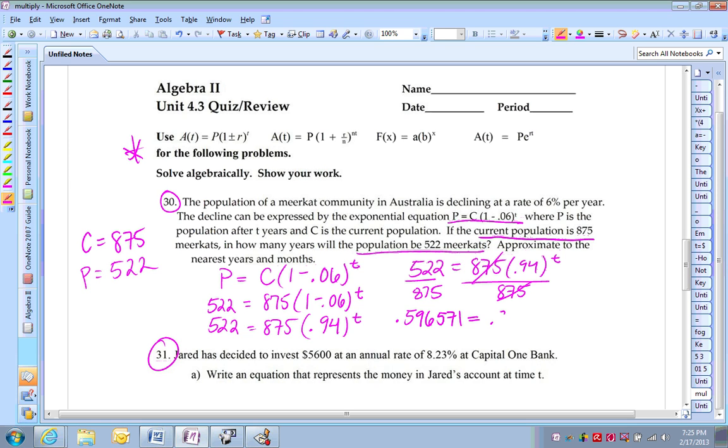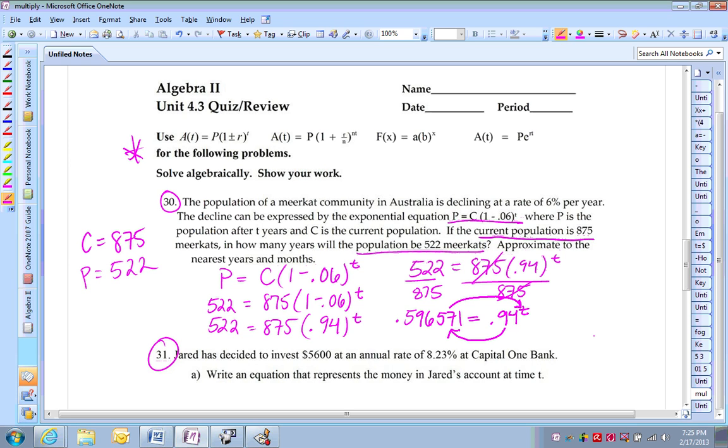And on this side of the equation, you're left with 0.94 to the T. Okay, so right now we have an exponential equation. And in order to solve an exponential equation, you have to switch into a logarithmic equation. So I'm going to start with my base of 0.94. Remember, that's the base of my exponential equation. You always start with your base, and we're going to log roll it. We're going to pick up the 0.596571 and then go back to the T.